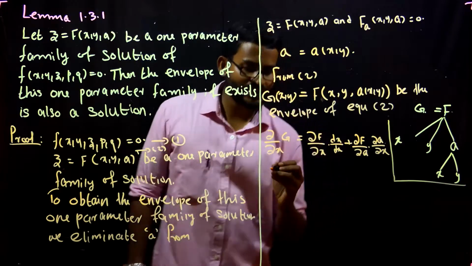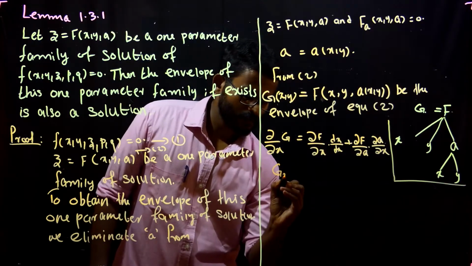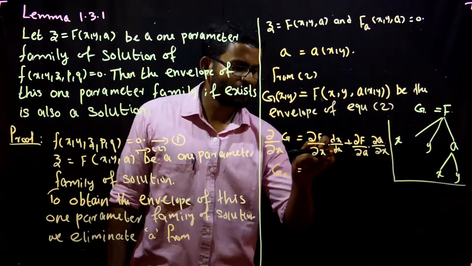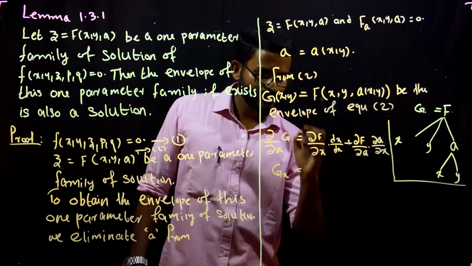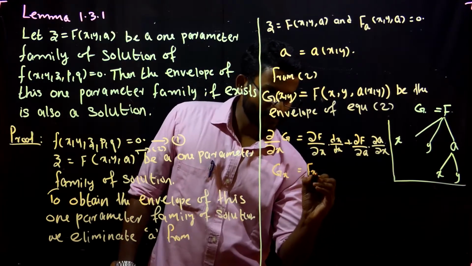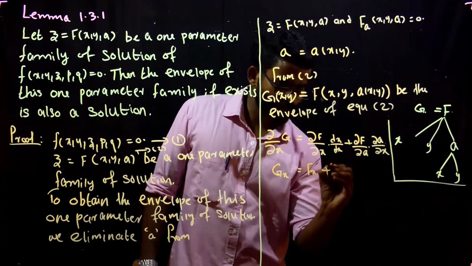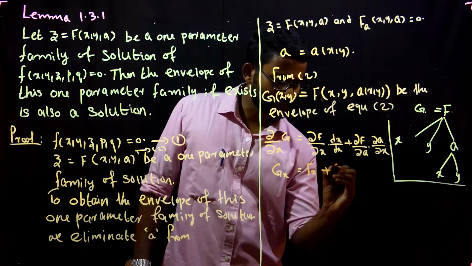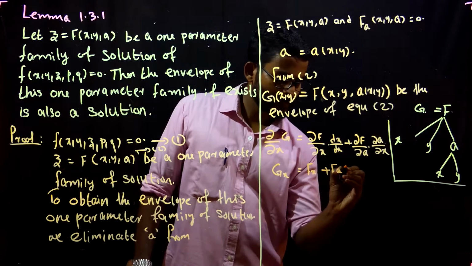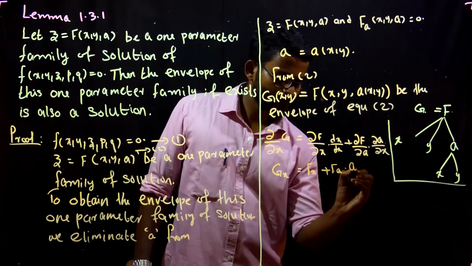Dou g by dou x is gx. Gx is equal to fx, and dx by dx is 1, plus fa, dou f by dou a, into ax.